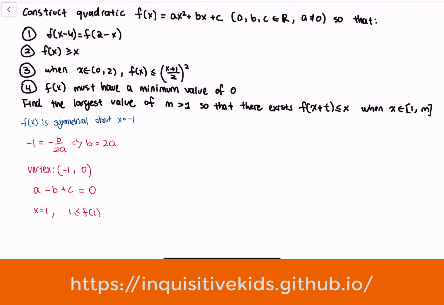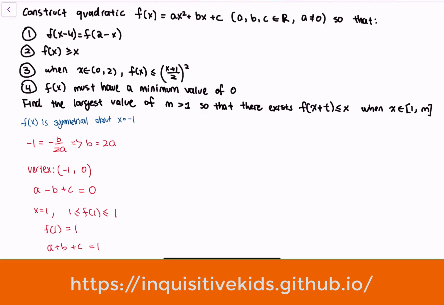And from the third condition, it also says that f of 1 must be less than or equal to ((1 plus 1) over 2) squared, which is also 1. This tells us that f of 1 is just equal to 1. And now when we substitute x equals 1 into our function, we get that a plus b plus c is equal to 1.